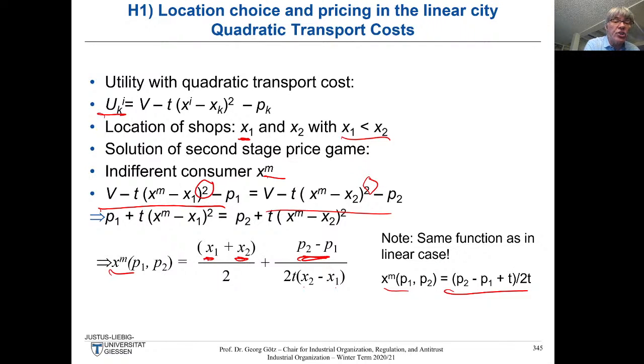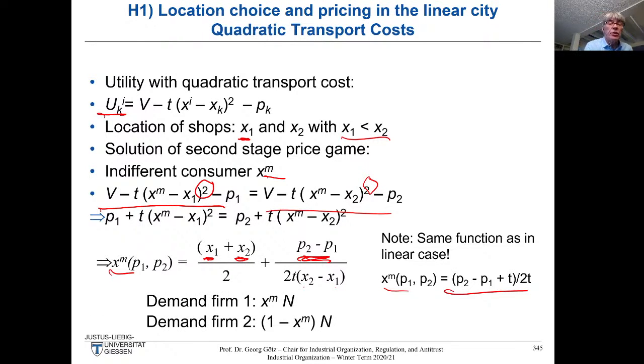So the market share, if you are located at the center and the other one is located at the edge of the market, you get 3/4 of the market. That's what you see for given prices. You have a strong tendency to move closer to your customer, because you keep all the consumers in your backyard and gain some consumers from your competitor as you move closer towards her.